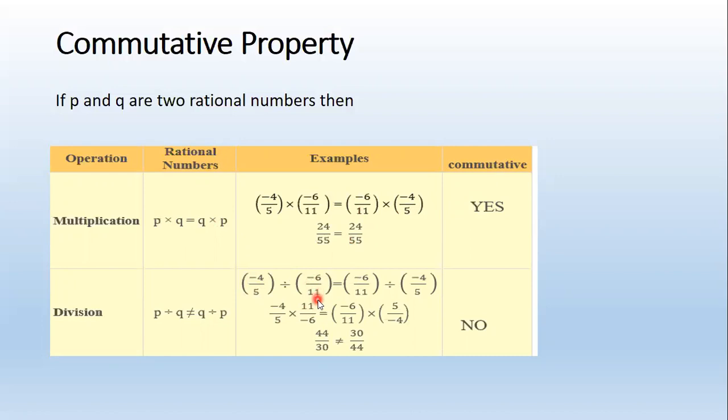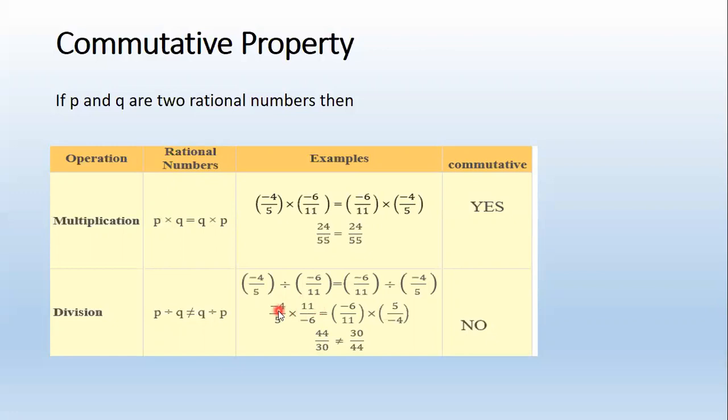Minus 6 by 11 is written as 11 by minus 6. So we are doing the reciprocal, that is writing the numerator as a denominator and denominator as a numerator. So minus 4 by 5 remains as it is. Division is converted into multiplication and the reciprocal of a number.